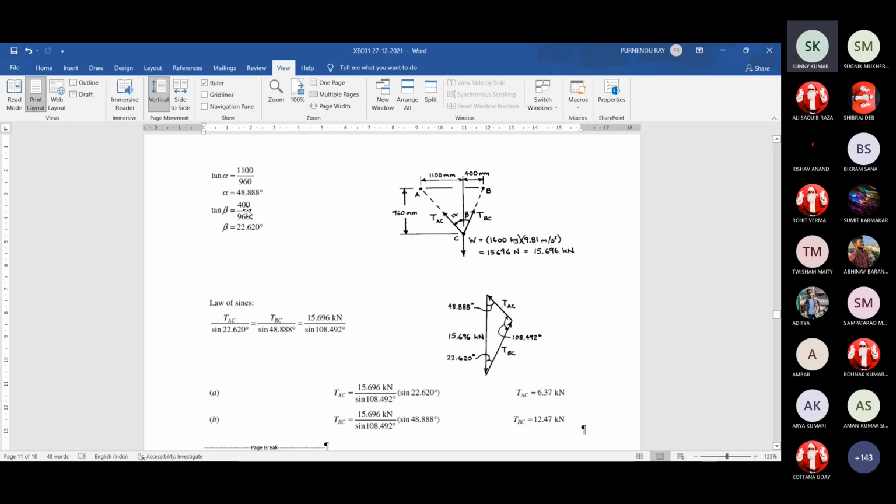Now determine the angles alpha and beta from the tangent, from the given directions and given lengths. There you draw this force triangle. This is given: 15.696 kilonewton.